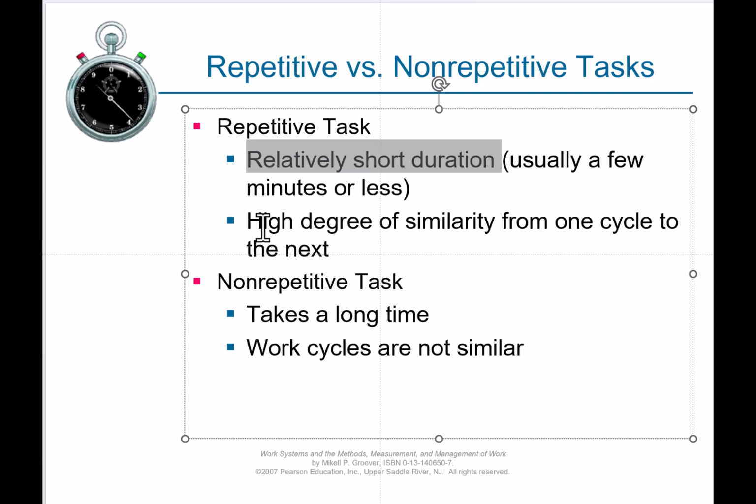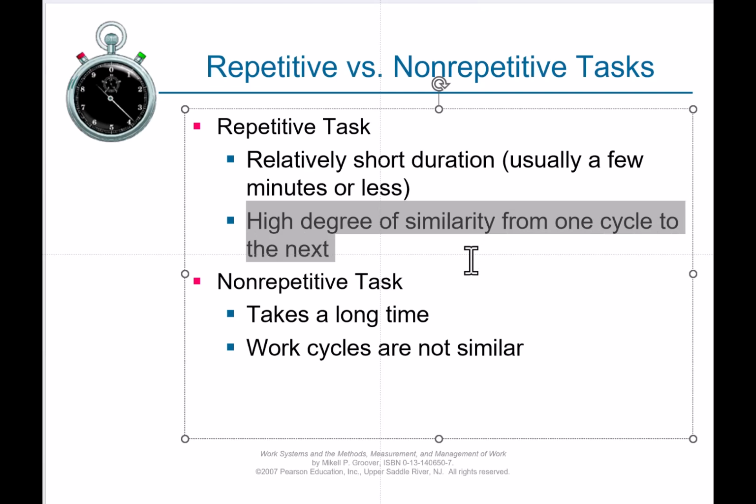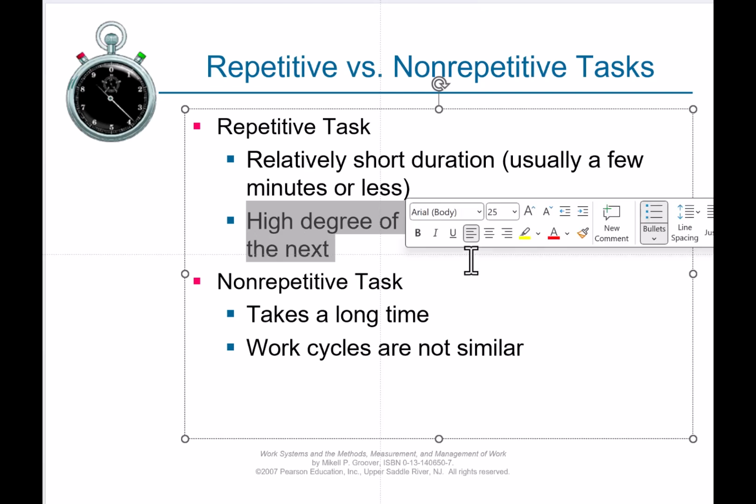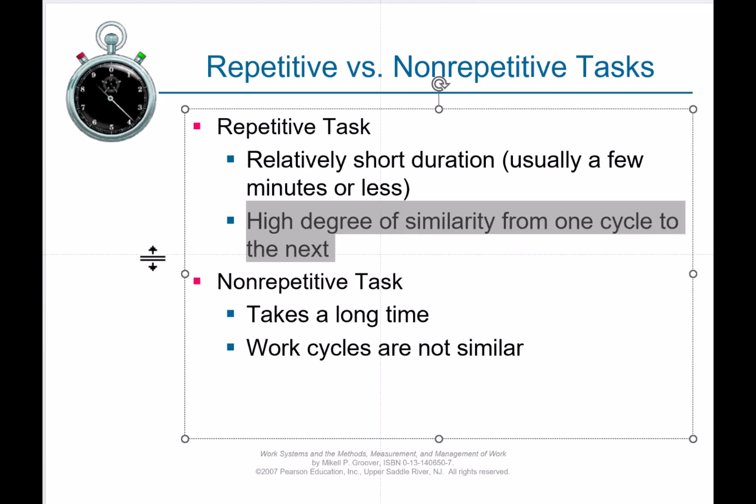That means there's a high degree of similarity between one cycle to the next. Like when you were doing the assembly of the solar transmitter, it was kind of similar to do one versus another one. So it's just a repetitive cycle.